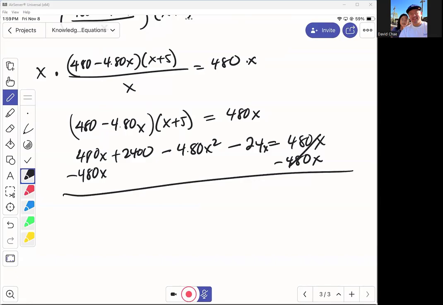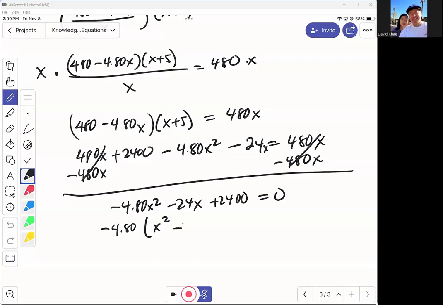And then it would be negative 4.80x squared minus 24x plus 2400 equals 0. All right. And then I factor out the negative 4.80. Get x squared, 24 divided by 4.80 is 5, so plus 5x, and then minus 2400 divided by 4.80, which is 500, equals 0.